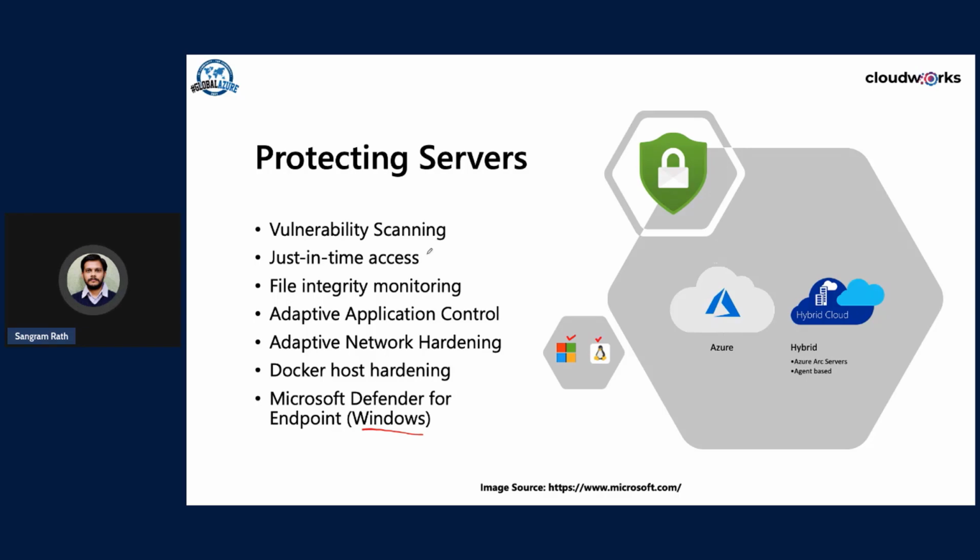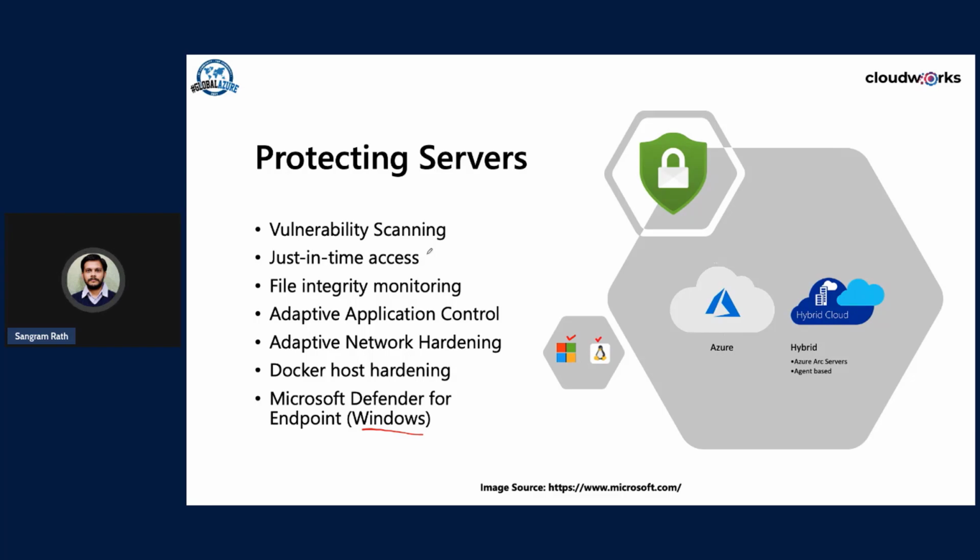Then you've got adaptive network hardening. This is along the lines of helping you improve your network security posture. What we basically focus on here is network security groups. So we look at your network security group rules, we look at your virtual machines that use them, and we provide you unhealthy resources that have recommendations.